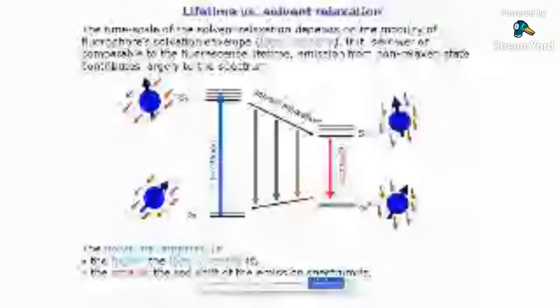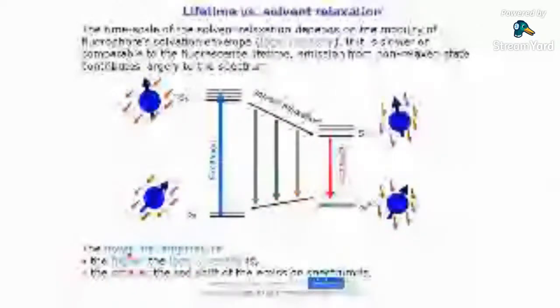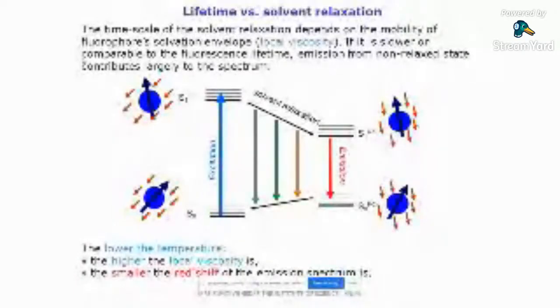If the viscosity is low, comparable to the fluorescence lifetime, then emission from the non-relaxed state contributes largely to the spectrum. So the lower the temperature, the higher will be the viscosity, and the smaller the redshift of the emission spectrum will be obtained.